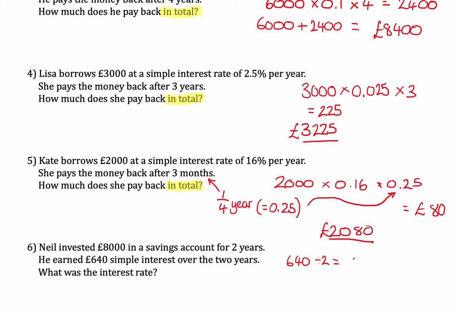So that would be £320 per year. And what is 320 as a percentage of the original amount? Well, to figure that out, we would divide it by the original, times by 100, and that would give us 4%.